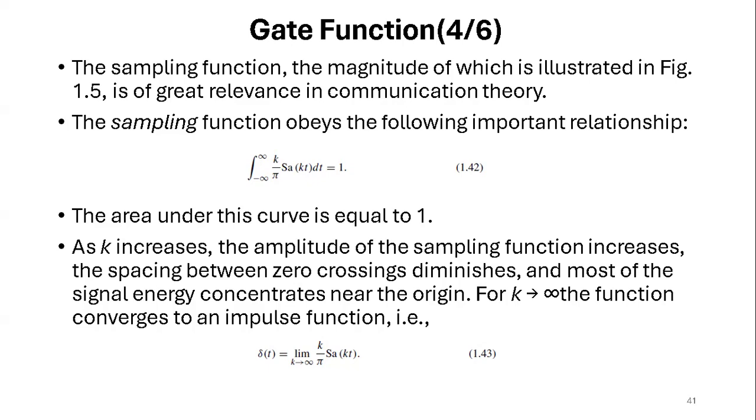As k increases, this sampling function converges to an impulse function, that is, the impulse function is the limit as k tends to infinity of k by s k t.